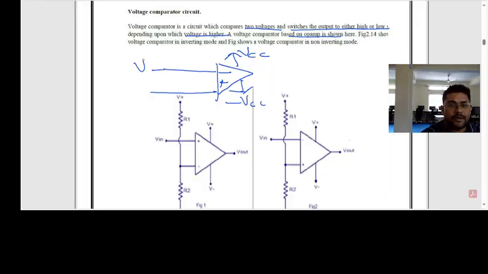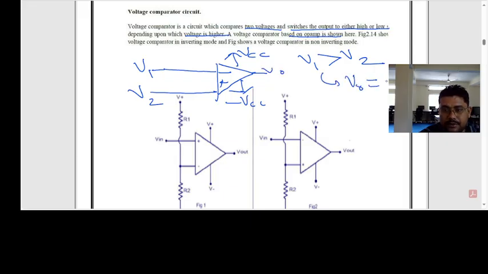Suppose these are the inputs V1 and V2. If V1 is greater than V2, then we get the output equal to minus VCC saturation. If the input V1 is less than V2, then we get the output equal to plus VCC saturation.